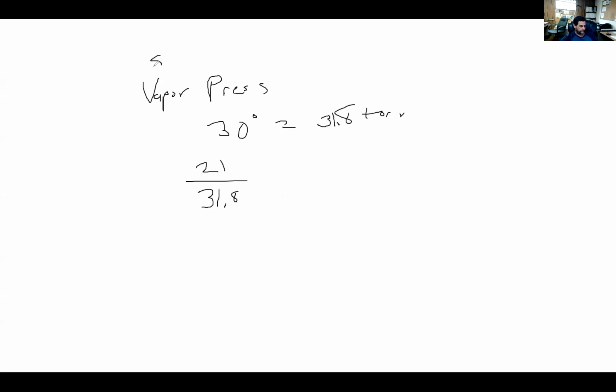Times 100%. So this works out to be 66%. Okay. So when they say the relative humidity on the weather forecast, that's what they're referring to.